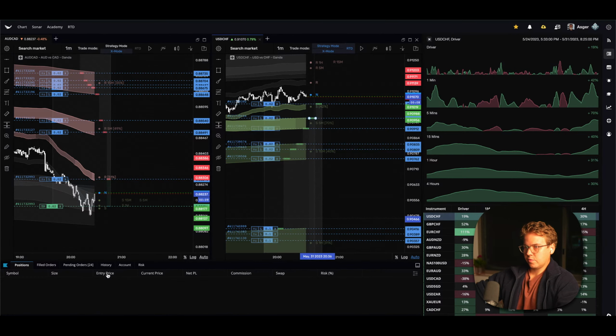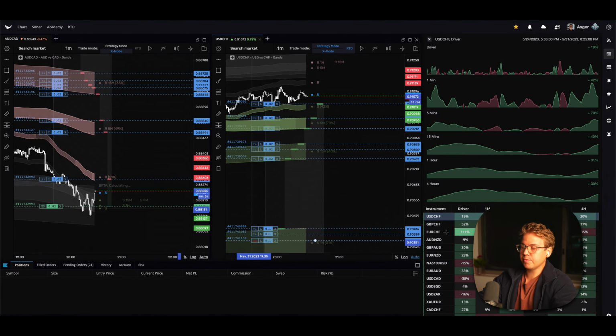Okay, so now it's like fishing, you know? Now we put the bait in the water, and now we just wait. It doesn't really matter how much this market pulls back on either of these, because the strength of these combined timeframes with the mean reversion is incredible. It's just that you don't know when it kicks in.